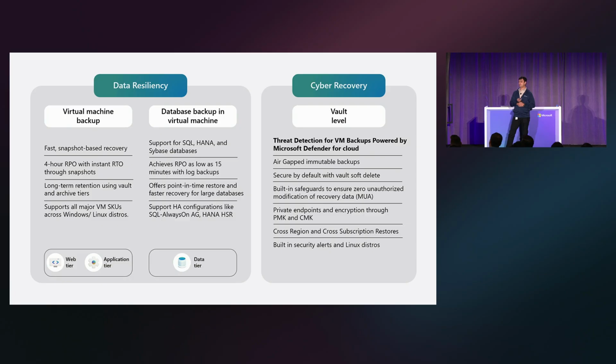That is where we have capabilities of making it air-gapped. The vault is created in the Microsoft tenant, and we provide a bunch of different capabilities, including multi-user authorization, soft delete, write once, read many times, immutability, so that you are comfortable and confident that the backup that you are taking is actually foolproof for you to restore should the need arise.